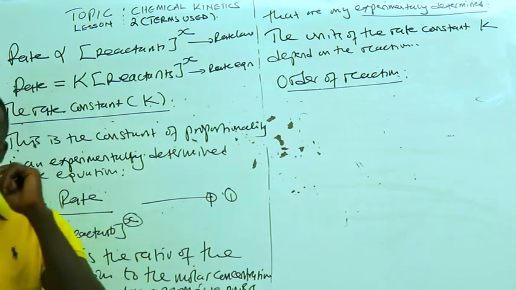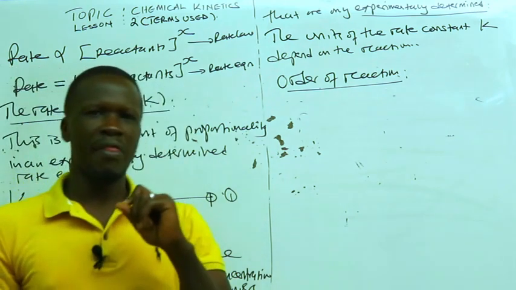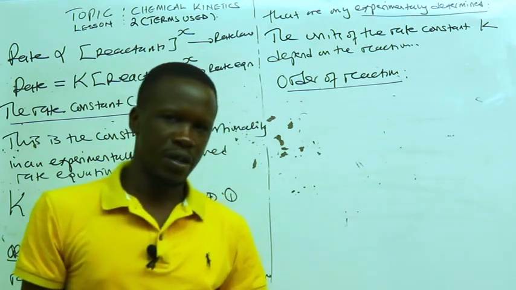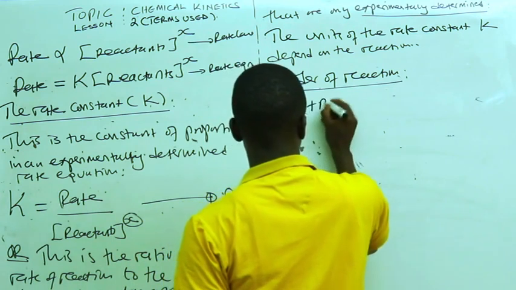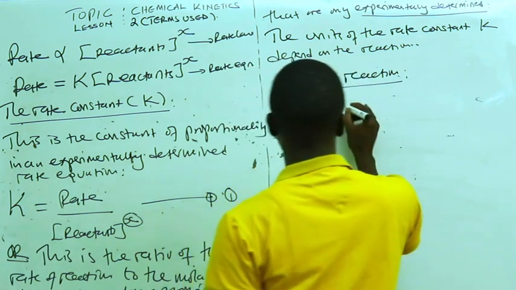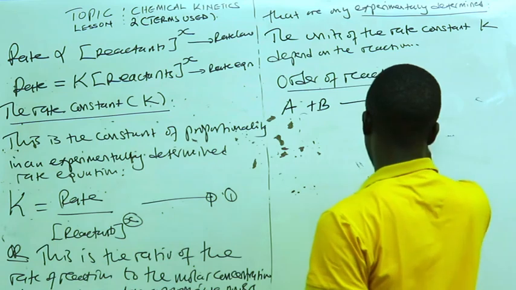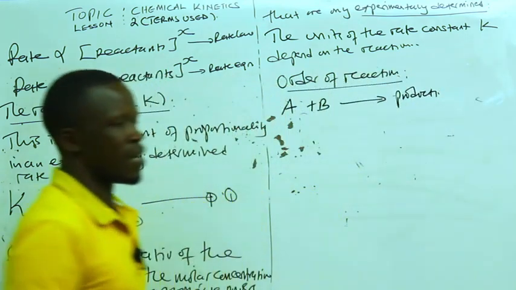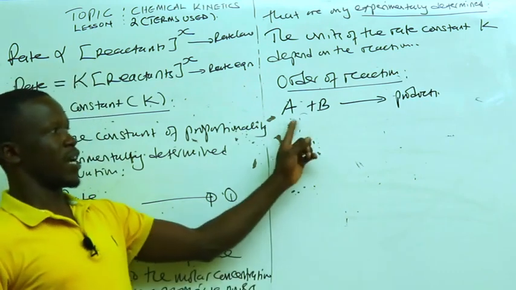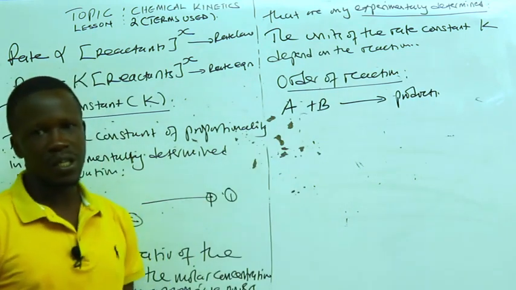If the reaction has more than one reactant, let us assume we have A plus B, and A plus B are giving products. Because the rate law is concerned with the concentration of reactants, I don't even want to mind about the products.